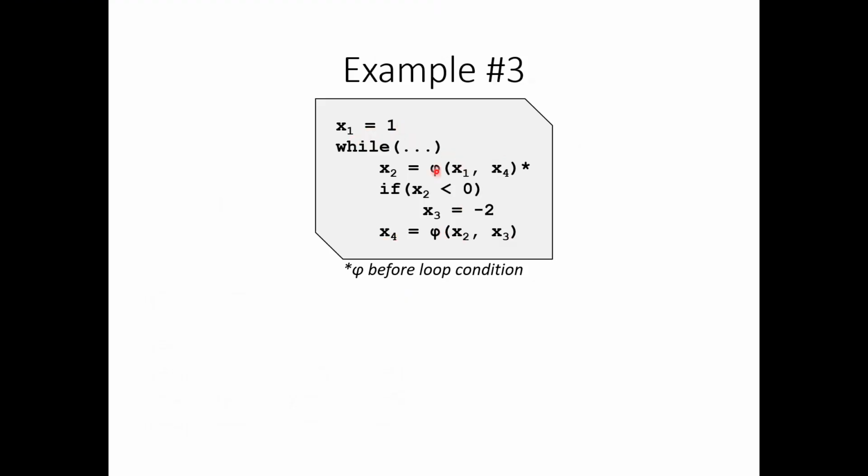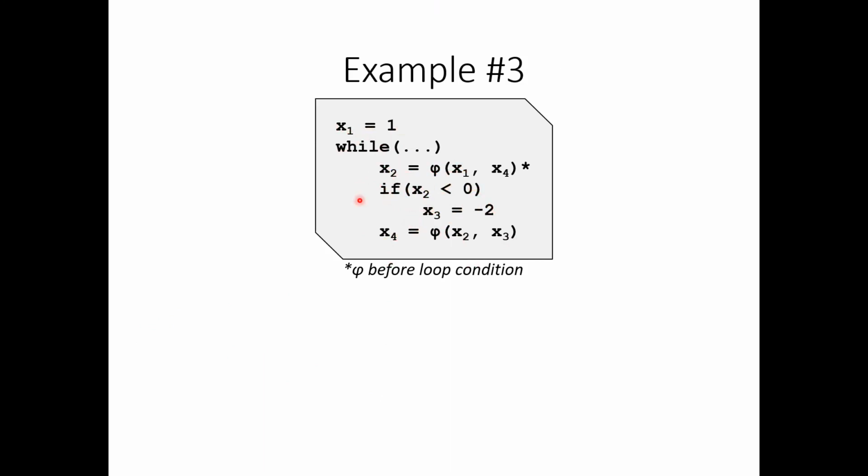So in the first iteration, x2 is going to be 1. Okay. So here, 1 is not going to be less than 0, correct? So we're never going to go into this if statement and make x3 negative 2. Okay, so it's clear from this example that x1, x2, and x4 are always going to be 1.